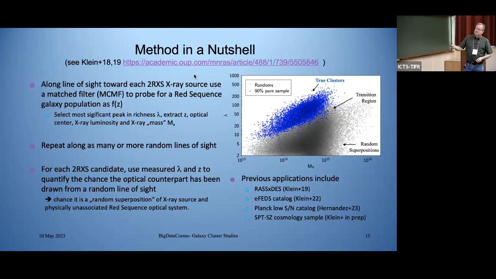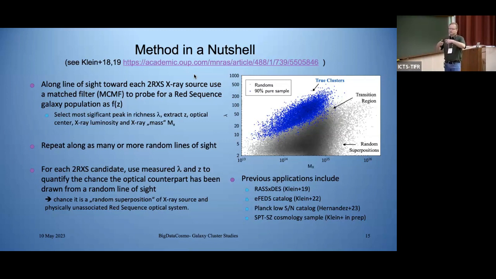We do this same analysis along lots of random lines of sight, which gives us the sort of random distribution of richness from the survey that you might expect. And then for each 2RXS candidate, we come back, and for its measured lambda and redshift, using these random lines of sight, we can quantify the chance that that particular matched optical X-ray pair is a chance superposition or a real cluster.